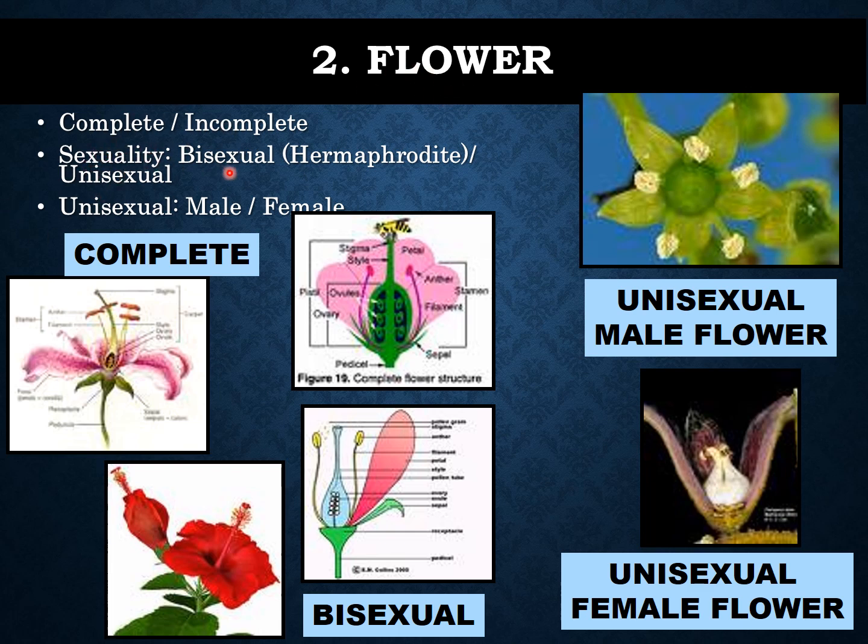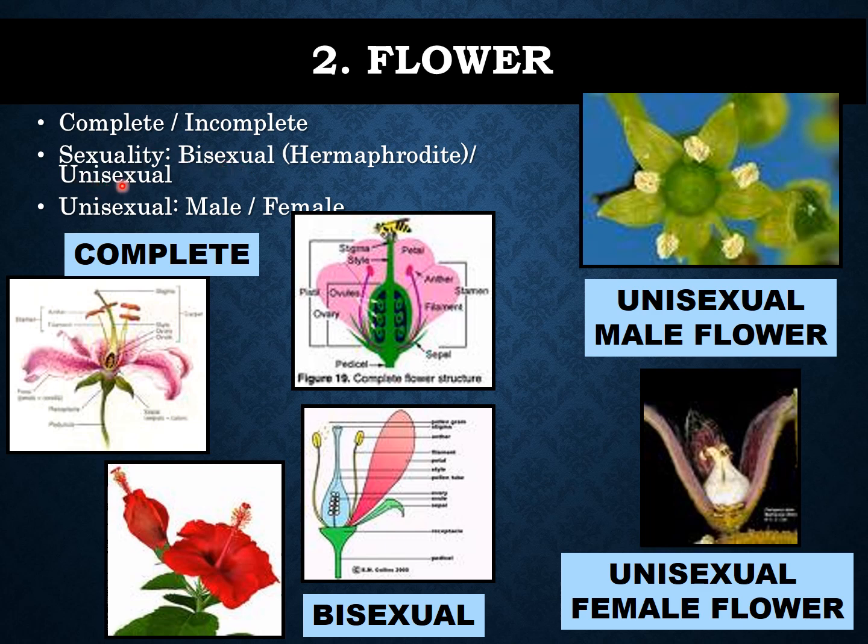When a flower has both androecium and gynoecium in the same flower, the flower is called bisexual, and it is also called hermaphrodite. So hermaphrodite is the second term which applies to bisexual flowers.